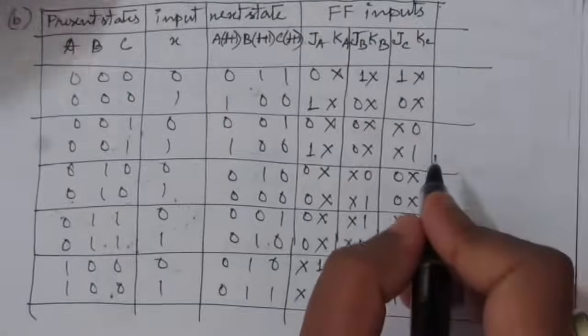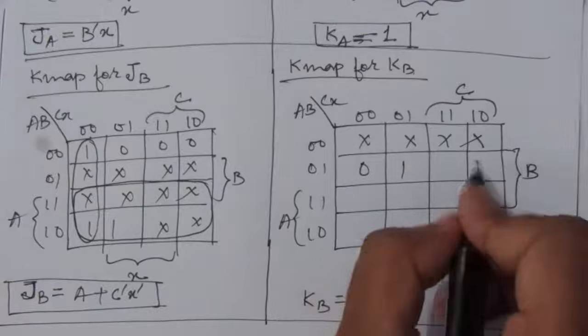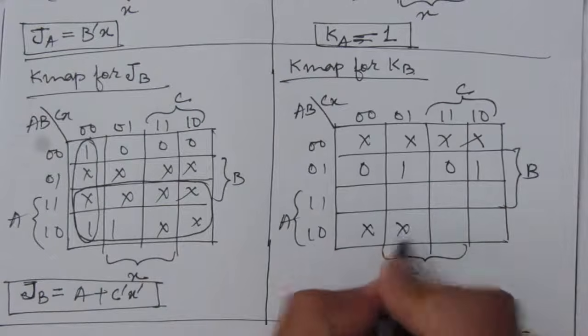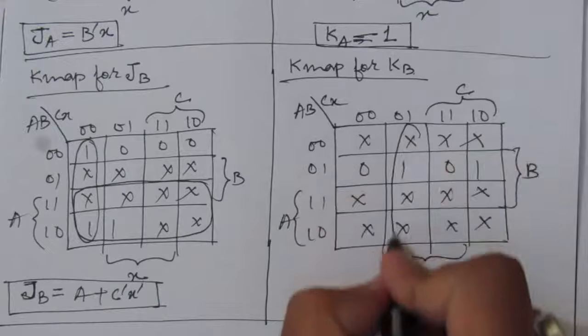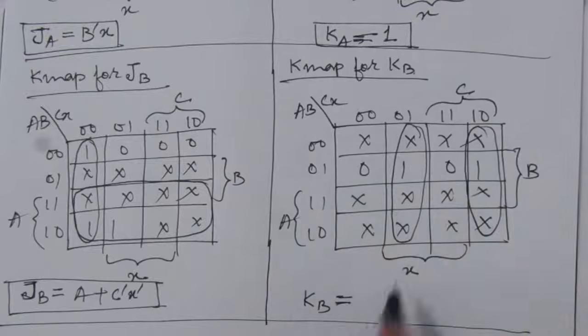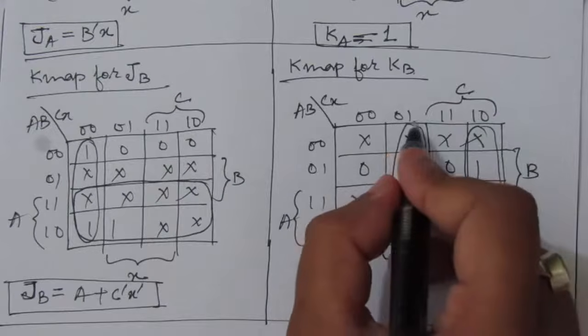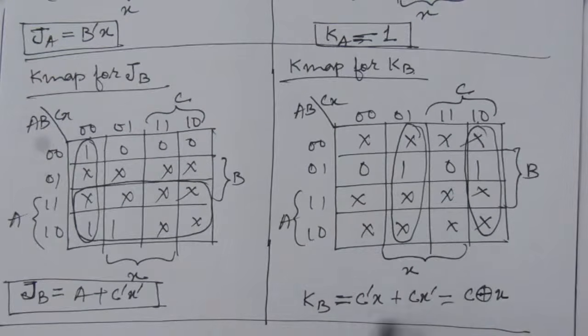Then for KB we have 1 0, don't care, don't care, 1 0, don't care, don't care. So all the remaining are don't care conditions. So this will be one term, and this will be the second term. So KB is equal to C bar X plus C X bar, or we can write it as C XOR X. So this is XOR operation, C XOR X.